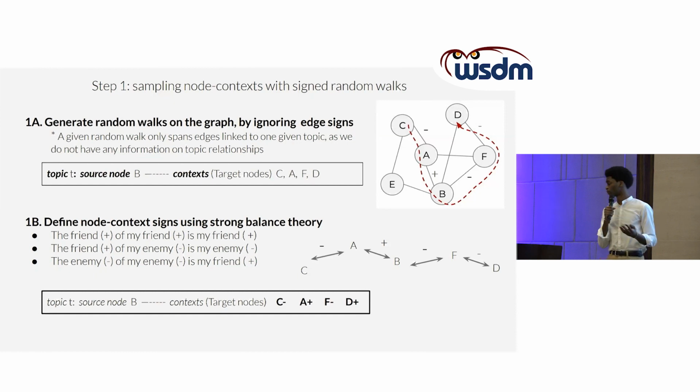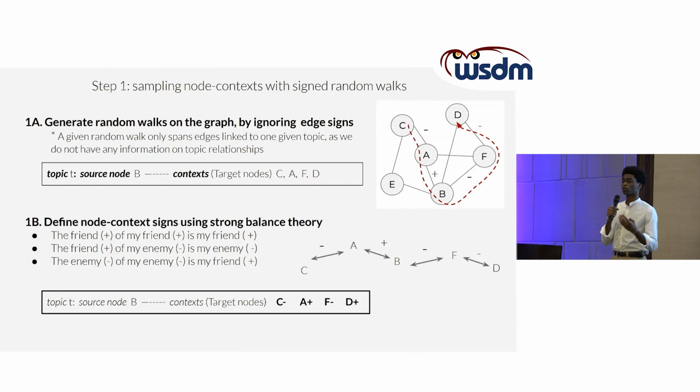Here I give an example of a walker that goes from C to D. The sequence is C, A, B, F, D. Given this sequence, if we look, for example, at node B, the neighborhood of B, with the given random walk, is C, A, F, D.